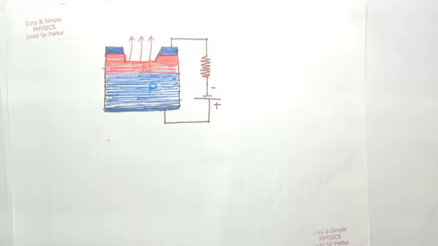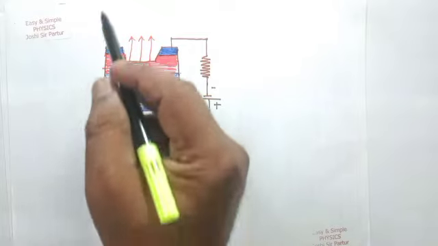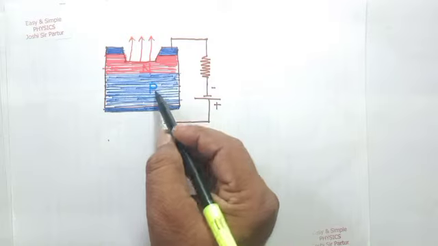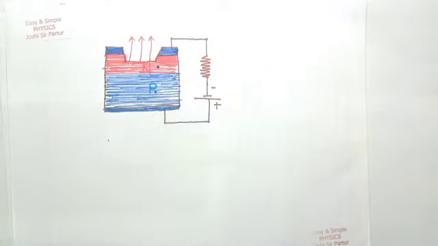See here a figure is seen, and in this figure is the emission of light. When electrons and holes, see here holes are there and electrons are there, they recombine, so light is emitted.